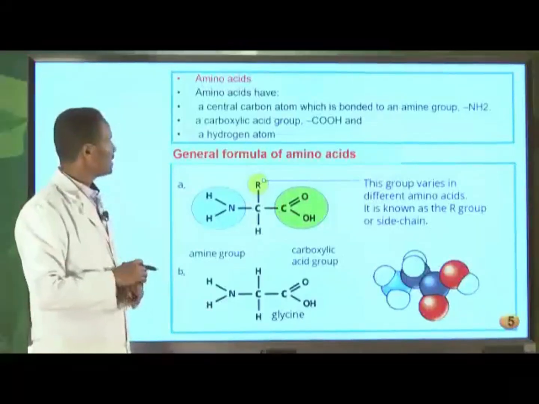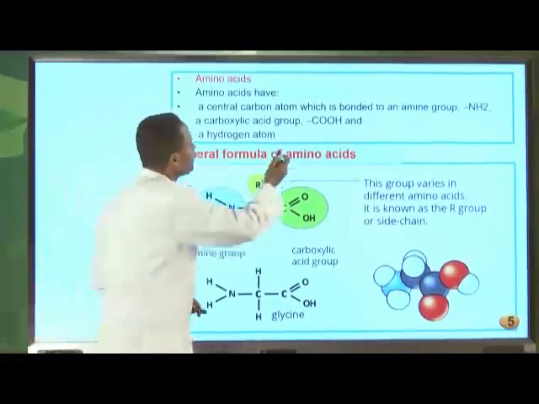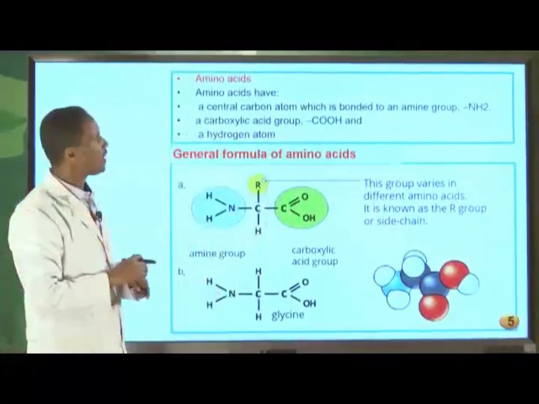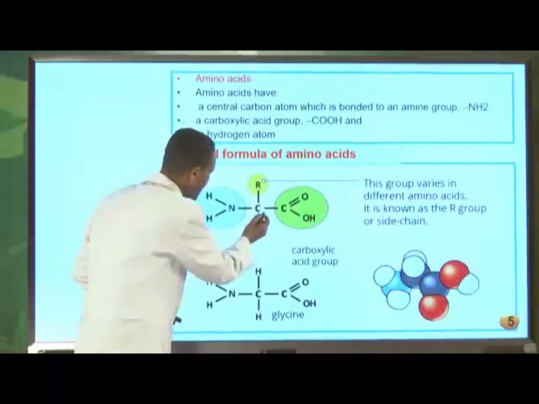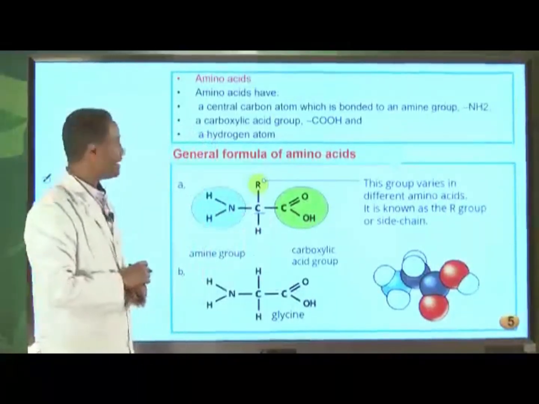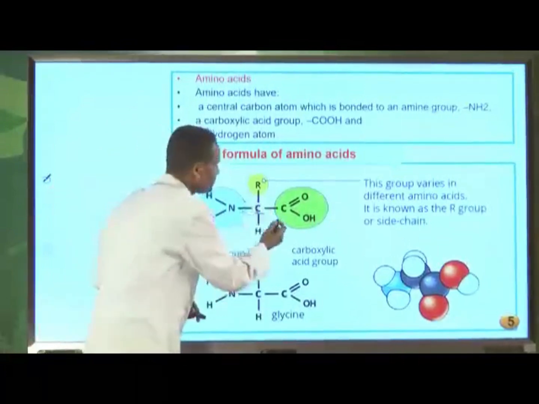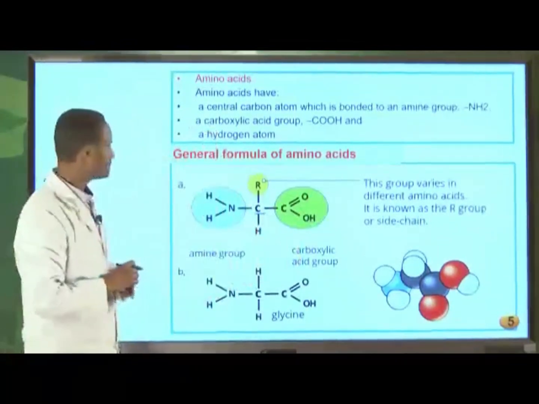Amino acids have a central carbon atom which is bonded to an amine group and a carboxylic acid group. This is the central carbon atom of the amino acid. The carboxylic group is attached to this central carbon atom.